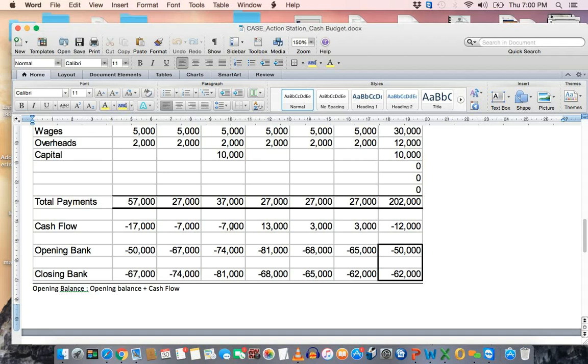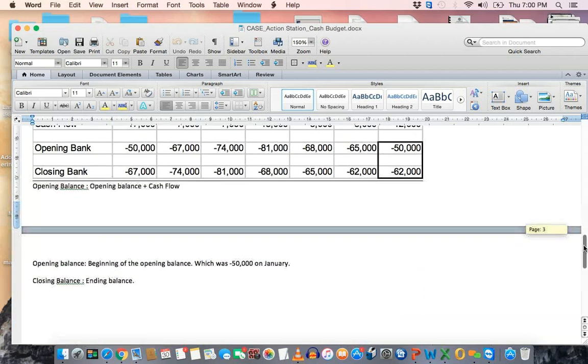So this plus this, your closing balance. Cash flow plus opening balance is your closing balance. And this is your last closing balance. So that should not be your total.